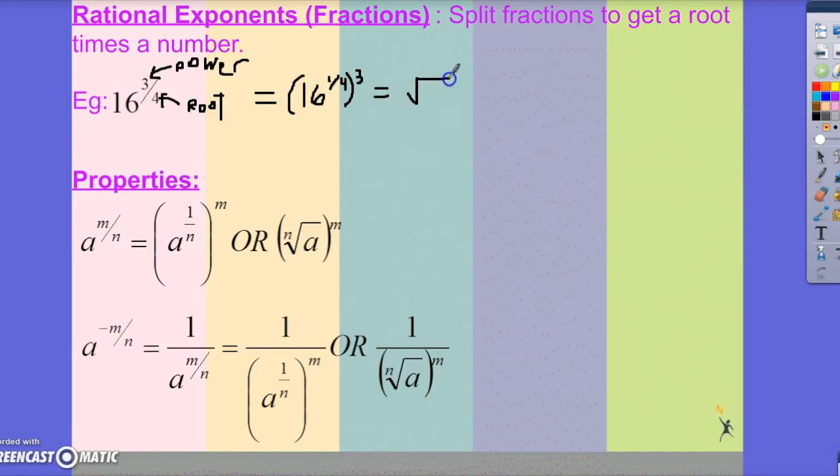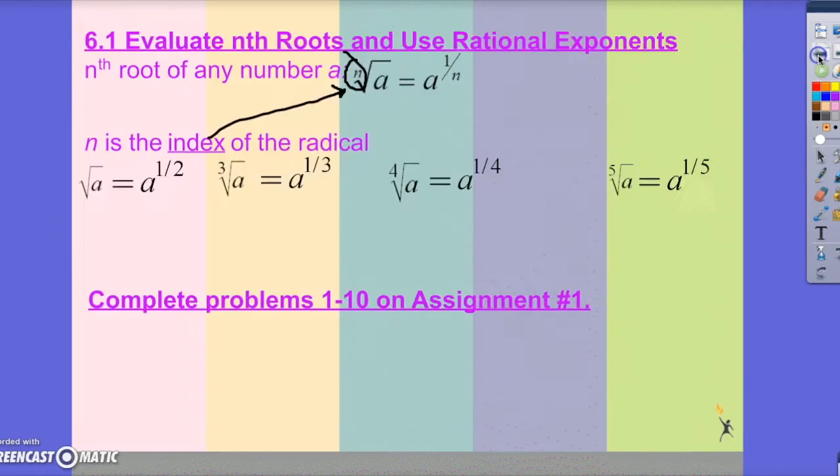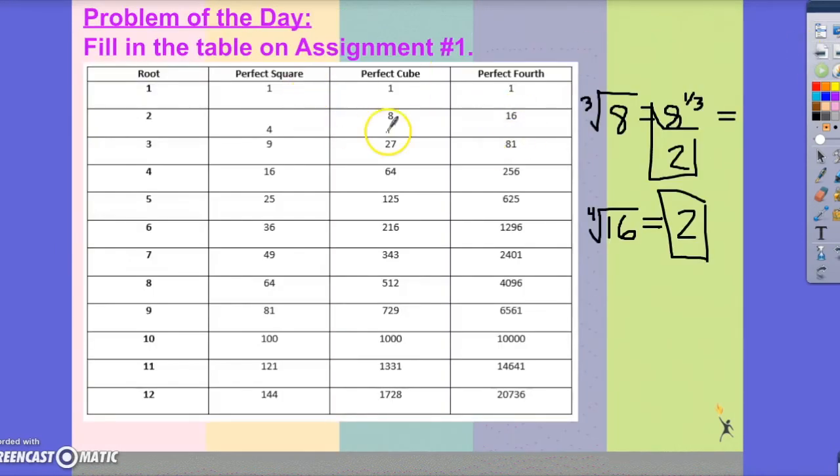Now, don't forget, 16 to the 1/4 is the fourth root of 16. Write it like this. So what you need to do is you go back to your chart. If you go back to the chart, the 4th root of 16. Here's 16, perfect 4th.